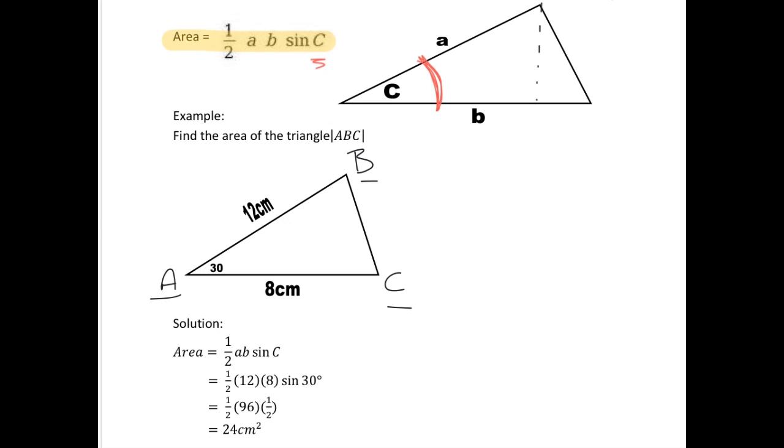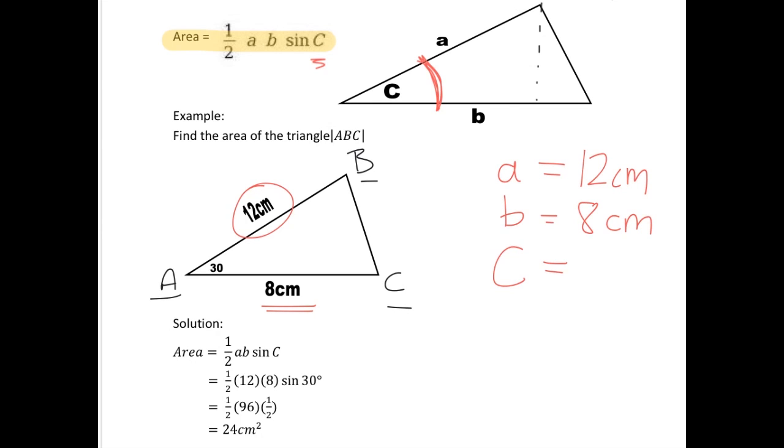So, when we're filling in our formula, we just have to identify what our A, B, and C are. In this example, our A is 12 centimeters, our B is 8 centimeters, and our angle C is this angle here, which is 30 degrees.